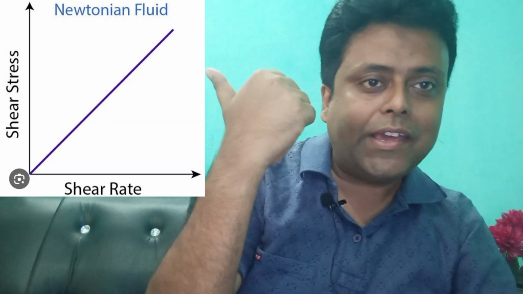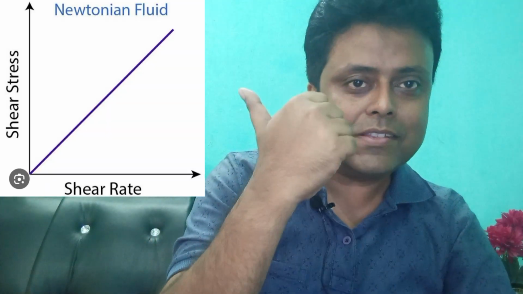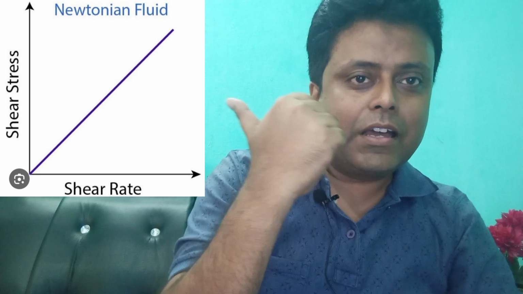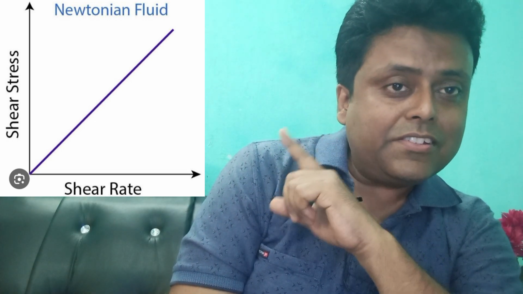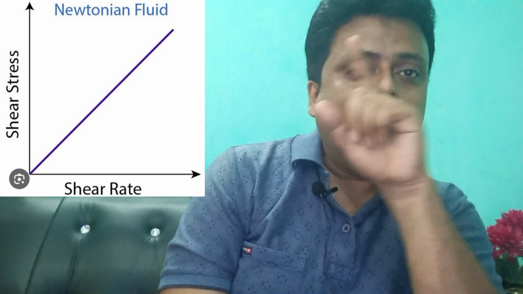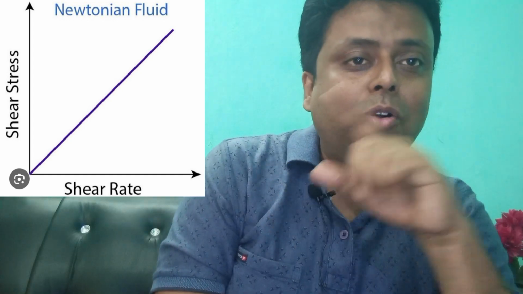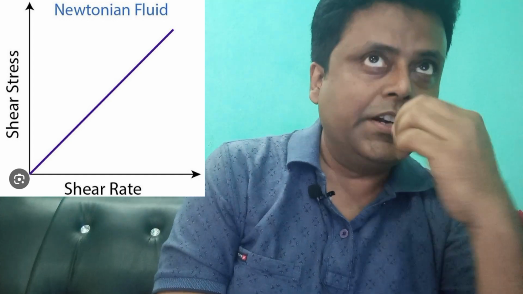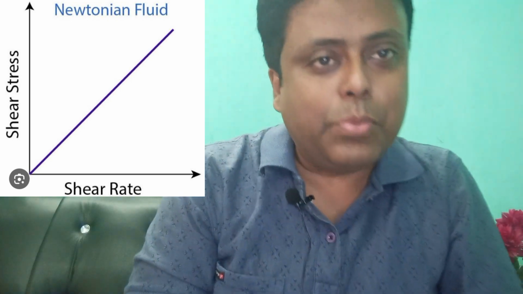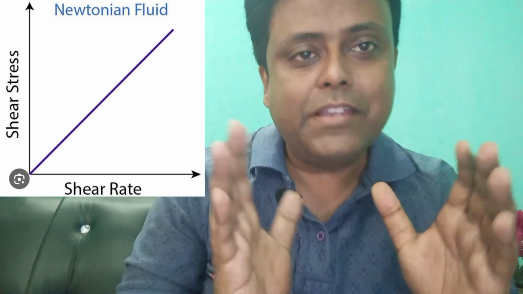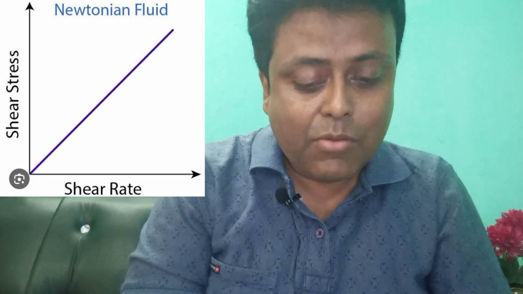So that's the concept. If you look at the graph, it suggests that the shear stress and rate of shear are linearly correlated to each other. This linear correlation generally occurs when they are directly proportional. Please remember this.